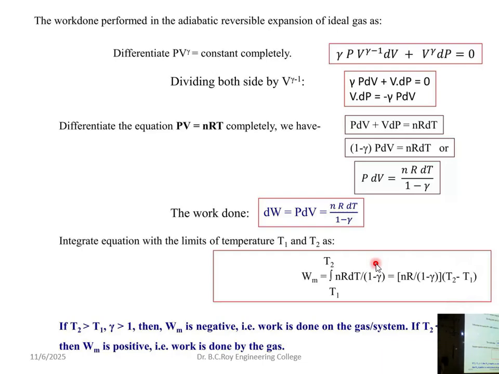Right? Now Cp minus Cv equal to R, and Cp by Cv minus 1 equal to R by Cv. So gamma minus 1 equal to R by Cv.